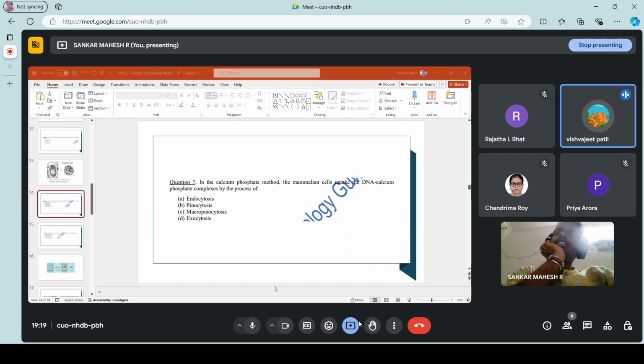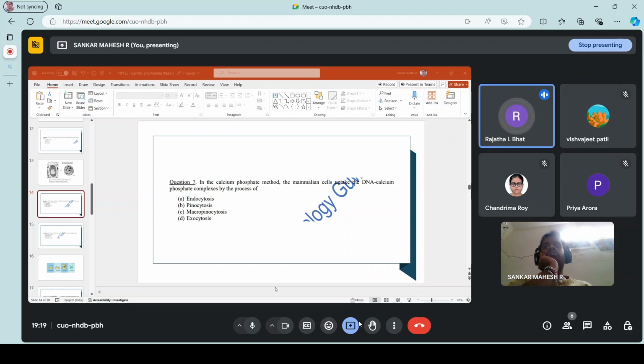Right, good. Rajita, do you know of any other options and what that phenomenon is? Pinocytosis is a form of endocytosis specifically for the uptake of extracellular fluid and dissolved substances.